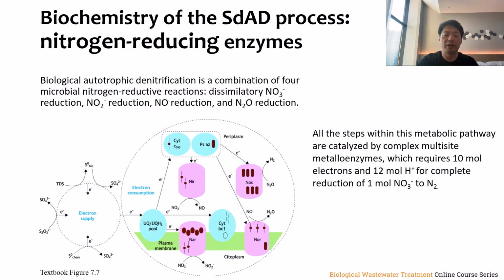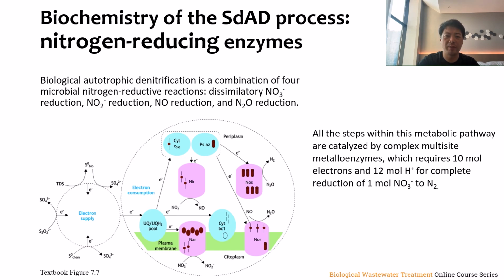Biological autotrophic denitrification involves four microbial nitrogen reductive reactions: dissimilatory nitrate reduction, nitrite reduction, nitric oxide reduction, and nitrous oxide reduction. These reactions are driven by complex multi-site metalloenzymes, and require 10 mol of electrons and 12 mol of hydrogen ions to reduce 1 mol of nitrate to nitrogen gas.